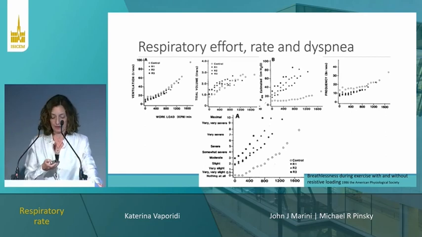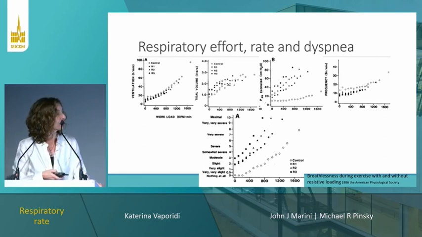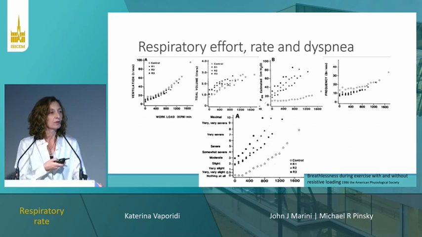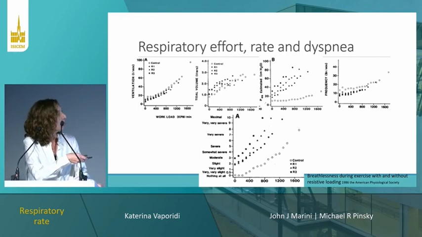And how about dyspnea? In this experiment, healthy subjects were subjected to incremental exercise, with or without increased resistance. So notice the increase in ventilation, increase in tidal volume, increase in muscle pressure. Here the triangles are with increased resistance.